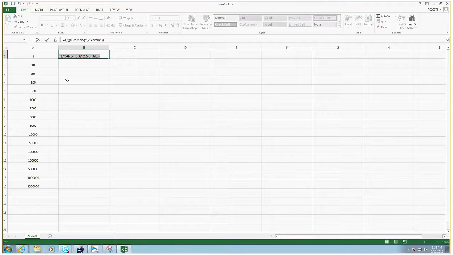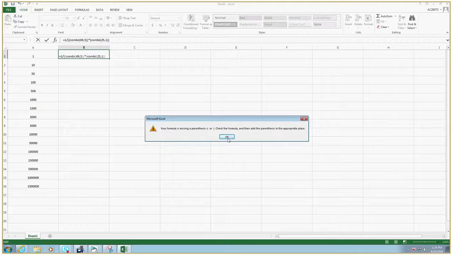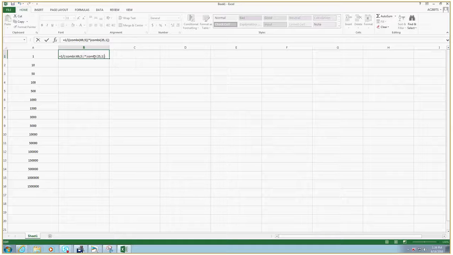Well, we'll do it separately. Oh, I know why. I put it in wrong. Combi, parentheses, 69, comma, 5. Parentheses, 25, comma. Is it 26? I'm making sure I got the parentheses right. I think this one's wrong.